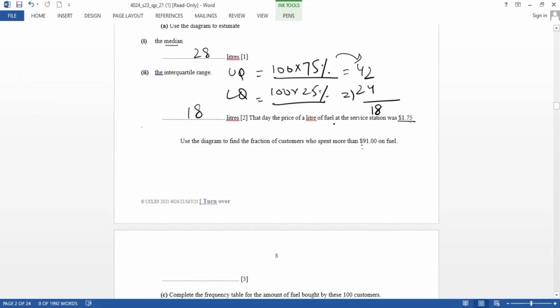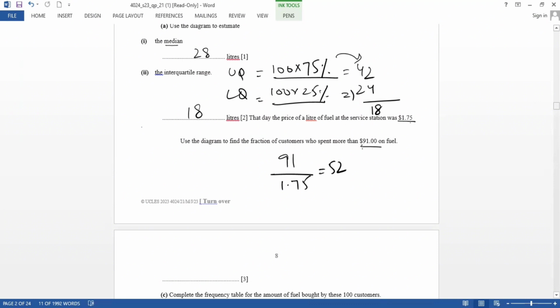As 1 liter of fuel is 1.75, he spent 91. 91 divided by 1.75 equals, the answer is 52.